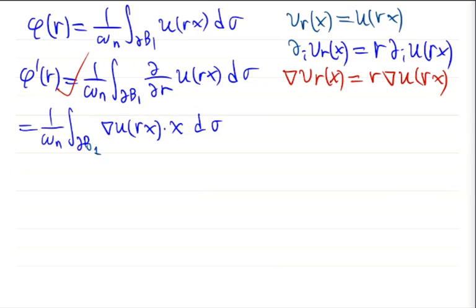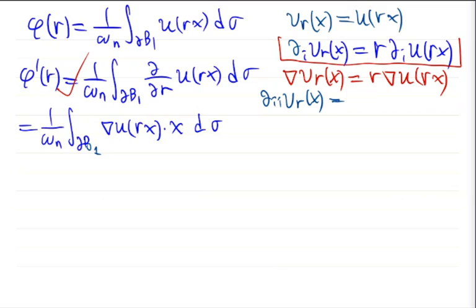Then we compute the second derivative dii Vr(x). Taking the derivative again, we obtain the second derivative of Vr with respect to xi. By taking the derivative with respect to xi, the right hand side gives us another r.